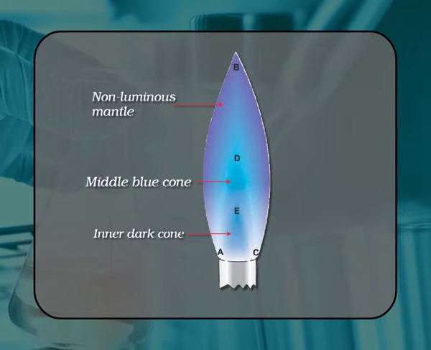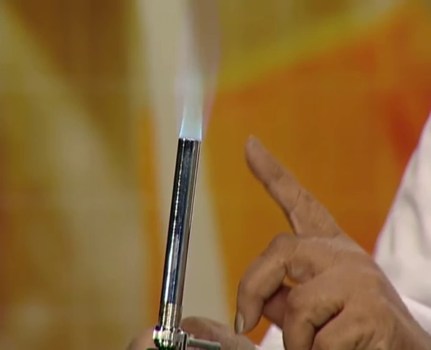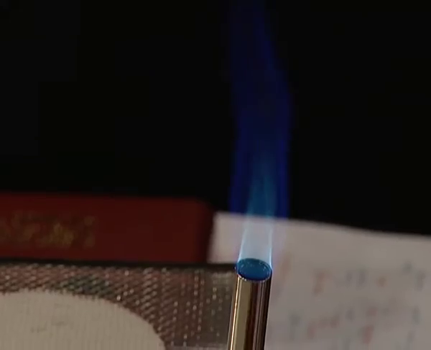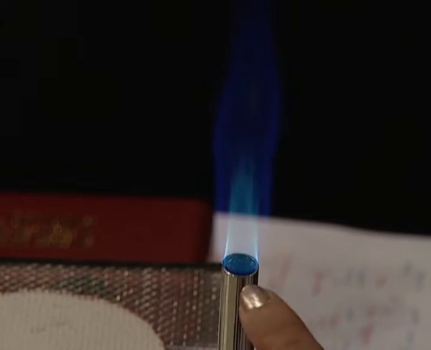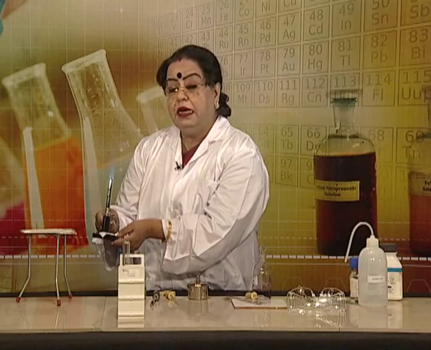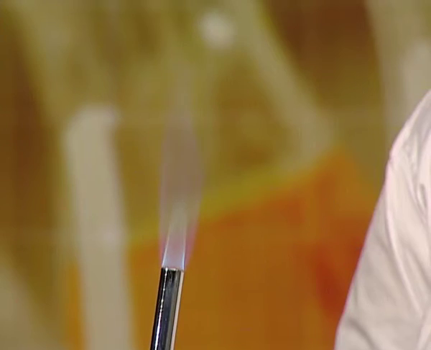How three parts? One is very dark, almost invisible, a dark area near the rim of this burner, and above that is a bluish flame, the second zone, and on top of it is a third zone, also colored, but the color is a little different from blue, it is bluish violet, more on the violet tinge.